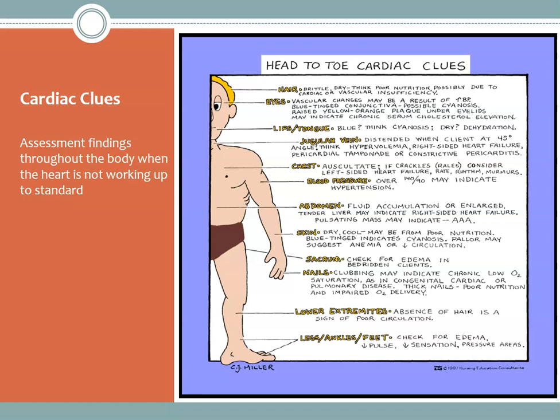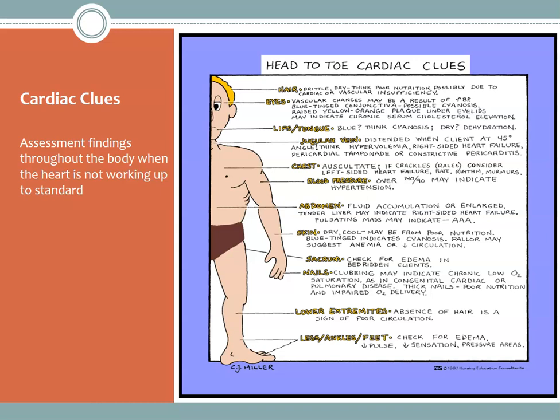We're going to take a look at fluid accumulation either in the abdomen, on the sacral area, or in the lower extremities, ankles, feet, and legs. The skin, if it's dry and has a blue tinge color to it, like cyanosis or poor pallor, can be indicative of poor circulation, right?